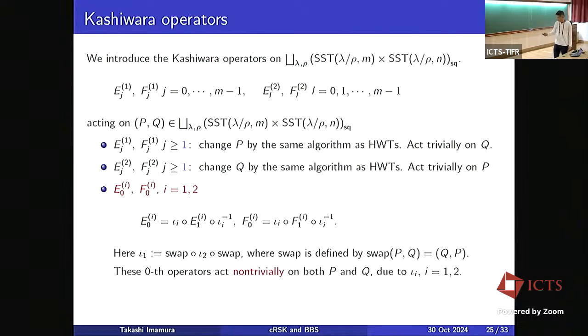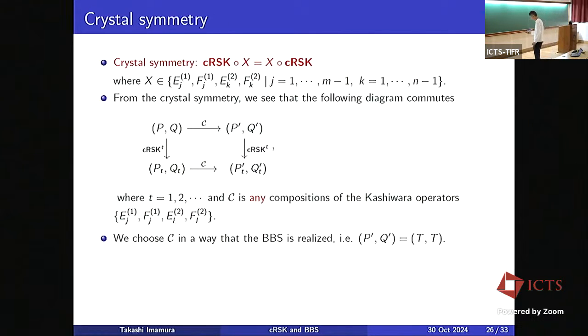For these operators, we have a very nice property called crystal symmetry, this relation. All Kashiwara operators like this commute with the CRSK map. This is a very nice property. From the crystal symmetry, we see the following commutative diagram.